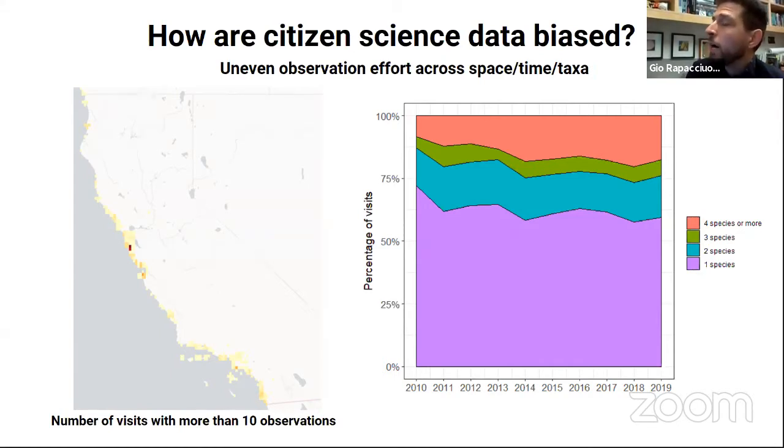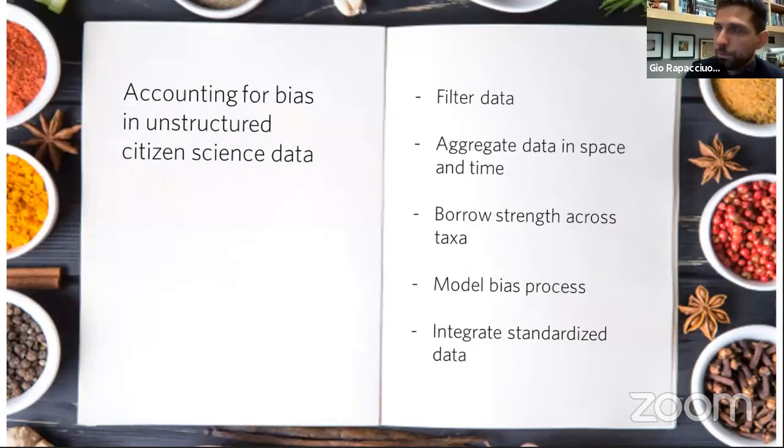However, there are 10, 15% or so every year that involve the observation of 4 species or more. And so we have to be able to handle this diversity in the structure of different types of iNaturalist observation events when we analyze those data.